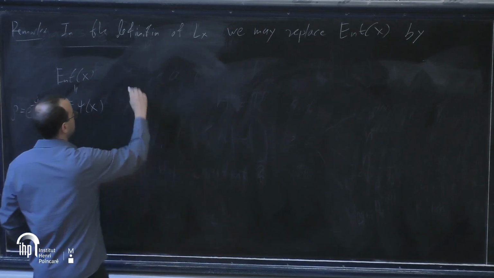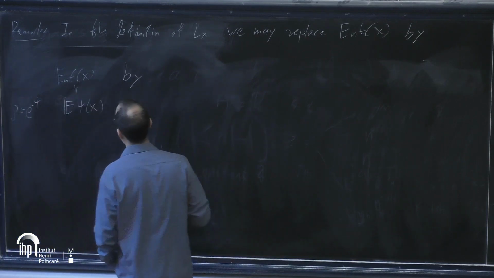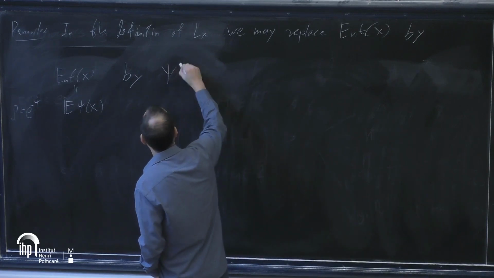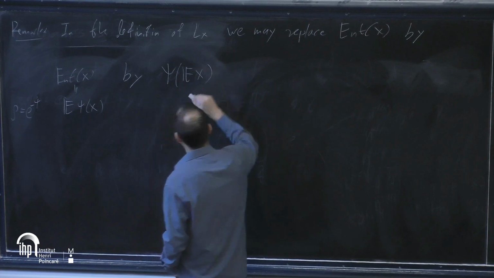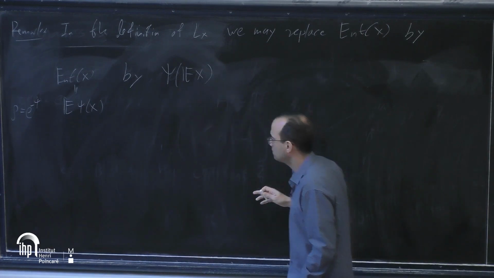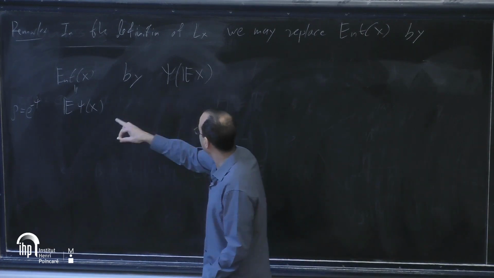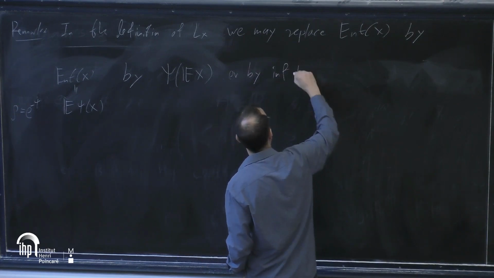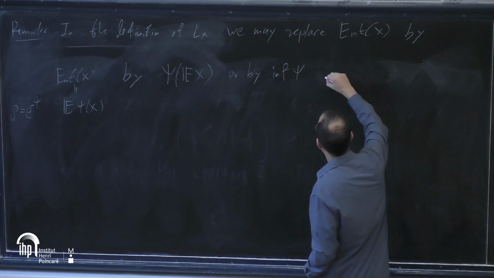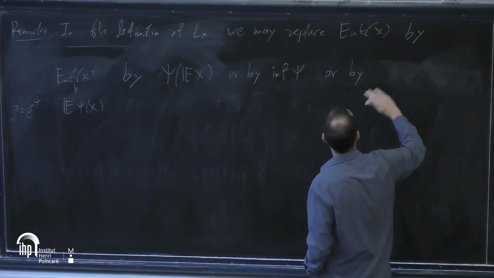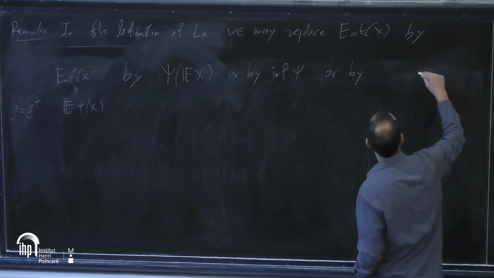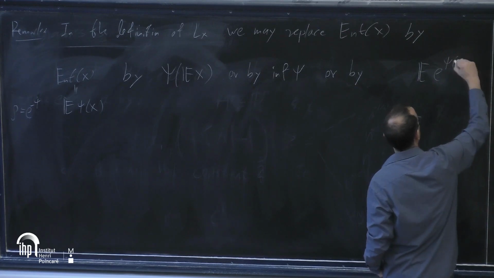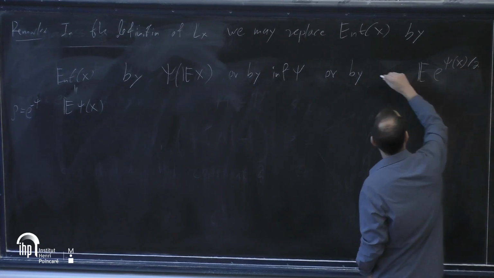But you may replace it: in place of the expectation of psi of X, you may look at psi at the barycenter, or by the infimum of psi, or by things which are even more dramatic, like taking e to the psi over 2 and then twice the log of that.